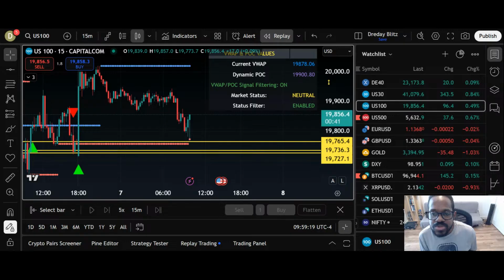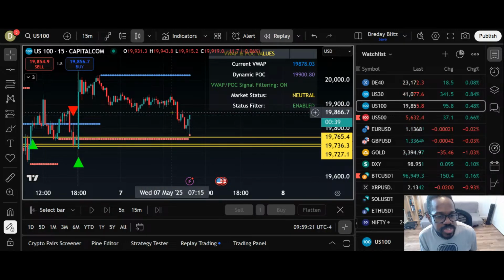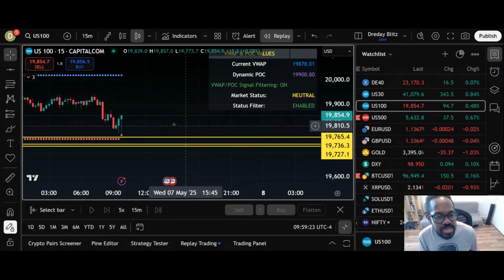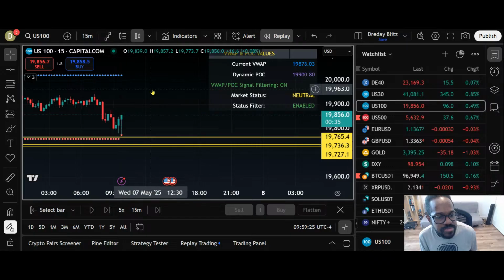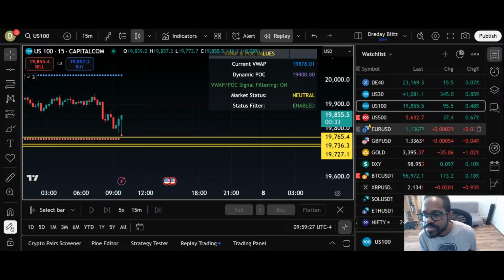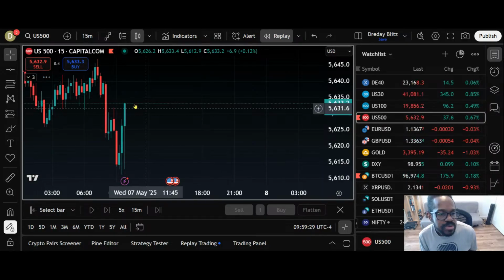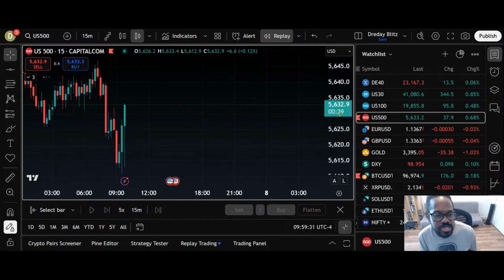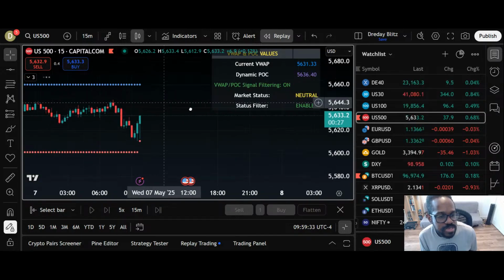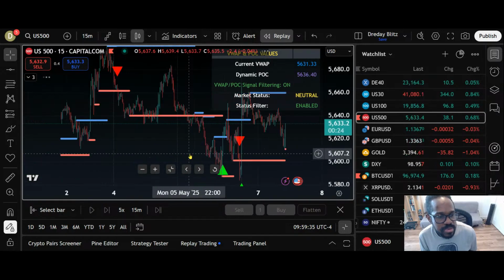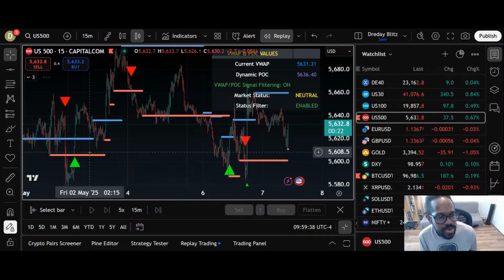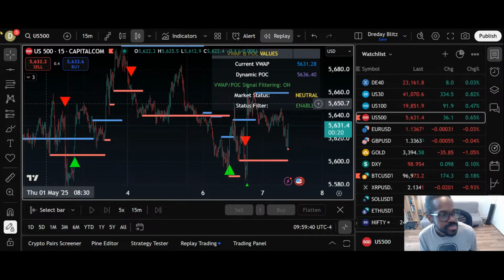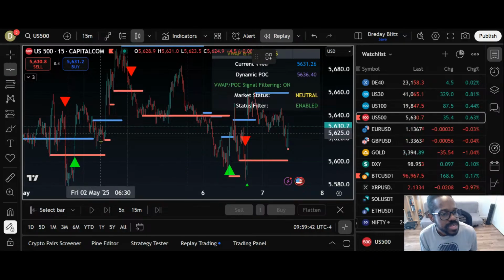Nasdaq is neutral, but almost bullish. So price bounces off of this level here, started to go up, so I would consider that bullish. In S&P 500, the same. So we did have a level right here that the price bounced off of.